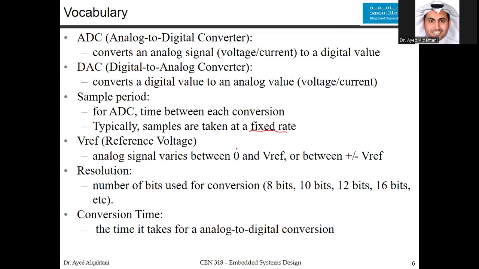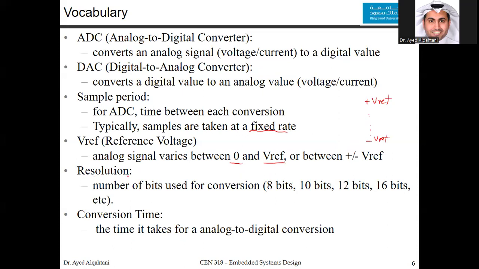Sometimes the lower bound is minus VREF, so we go from minus VREF all the way to positive VREF. In our class, we will usually use from 0 to VREF.